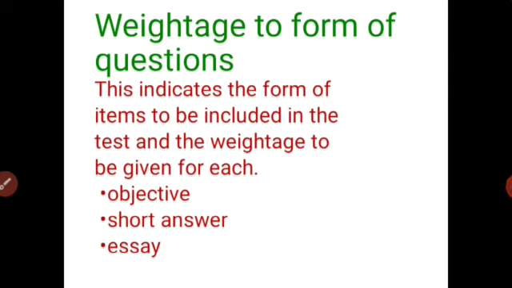The next thing we have to consider in the preparation of the design for the test is weightage to form of questions. This indicates the form of items to be included in the test and the weightage to be given for each.